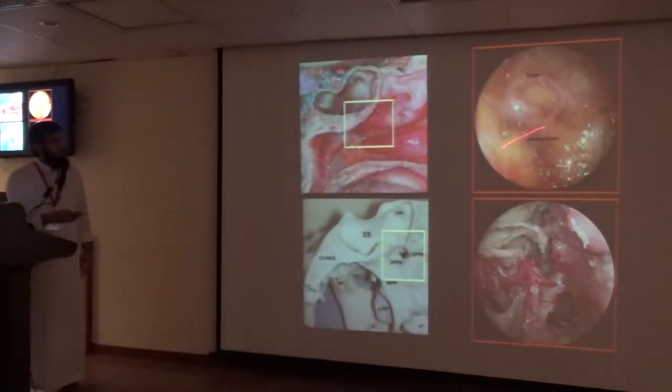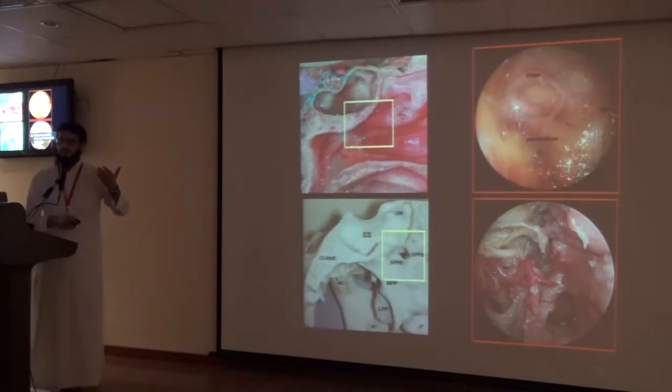As you can see, this is the posterior wall of the maxillary sinus after removing the bone, and this is only the periosteum covering the content of the pterygopalatine fossa and the infratemporal fossa. You can see most of the content is fat. The first structure that you face in the pterygopalatine fossa is the vascular structure, then the nerve comes after.